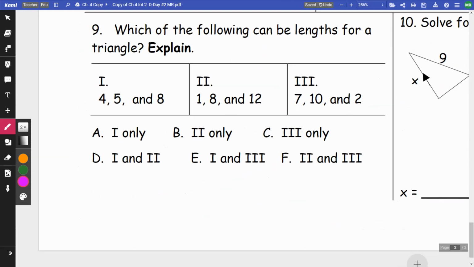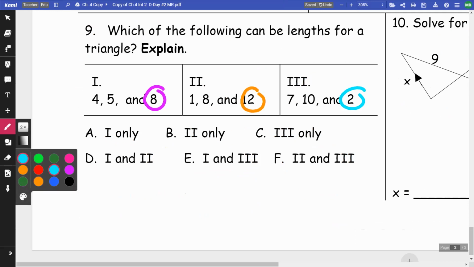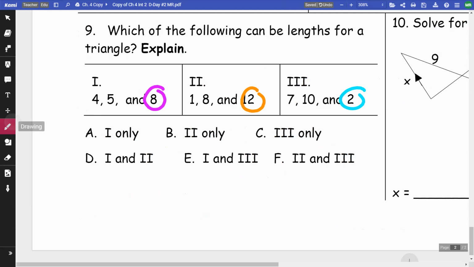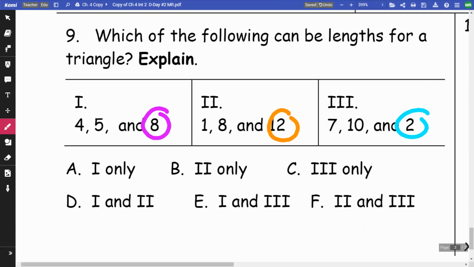Okay, on 9. So what I'm going to do is just check the last number each time. In the first one, I'm basically using the triangle inequality. So if I subtract these, I get a 1. If I add them, I get a 9.